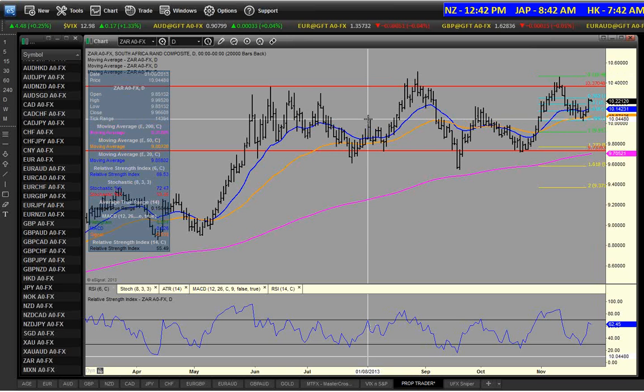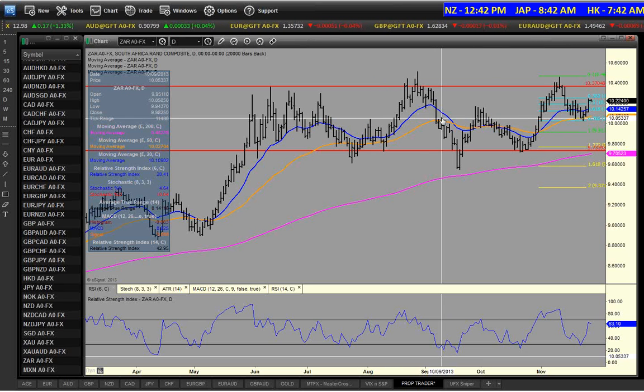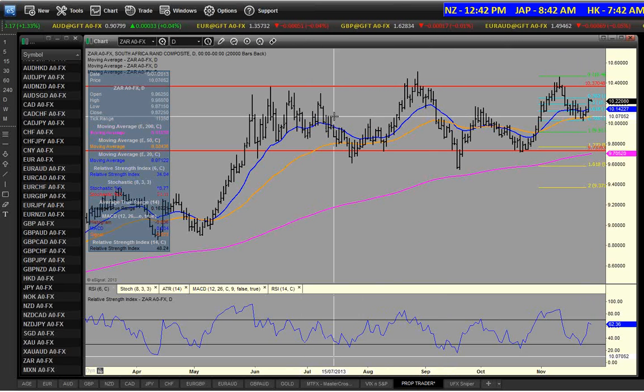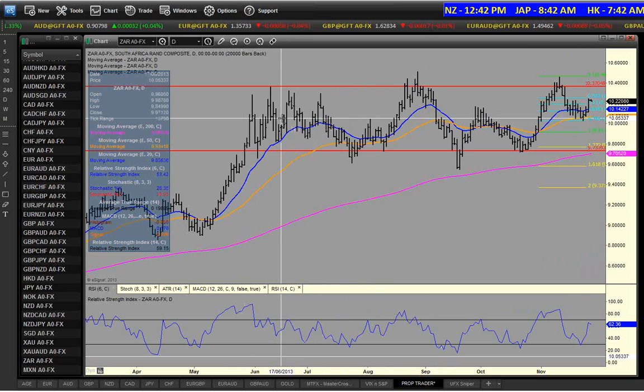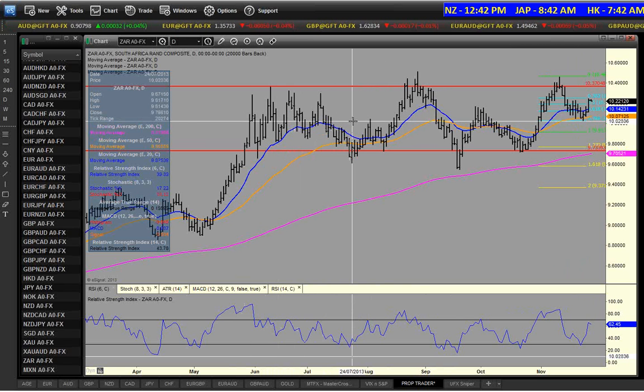Phase 1 is just a horizontal level. It doesn't have to be strong. So that high there, and another high there, would have done as a soft level. Going back onto the weekly, you've got a couple of turning points around here as well, so that's where I would have had it, around 10.05 sort of area.